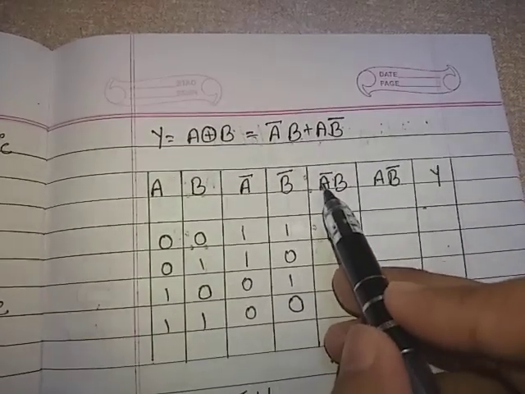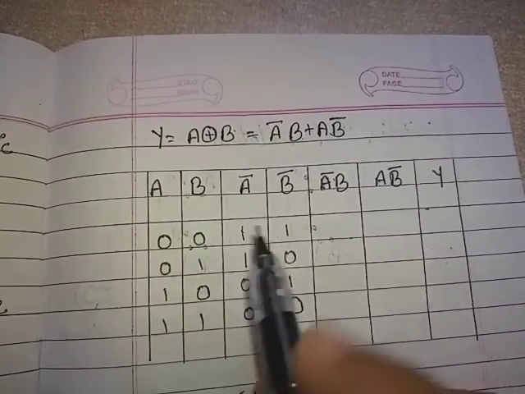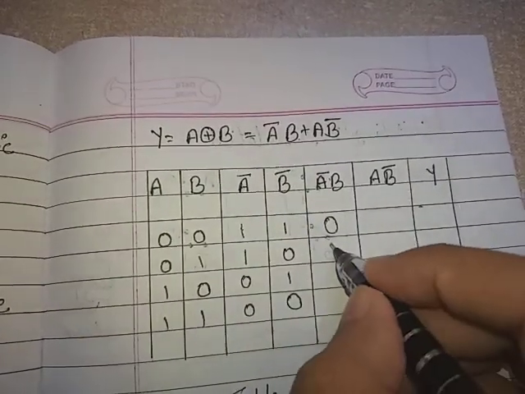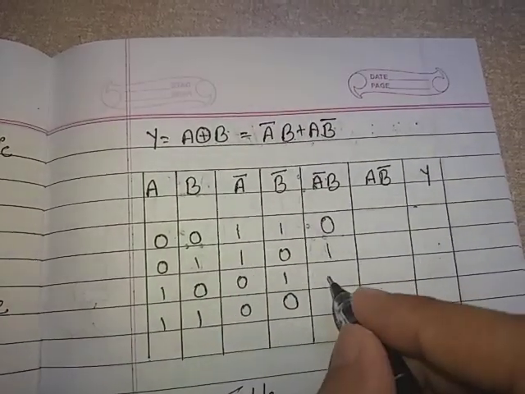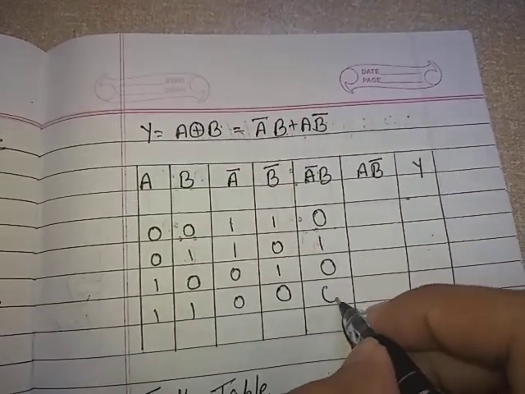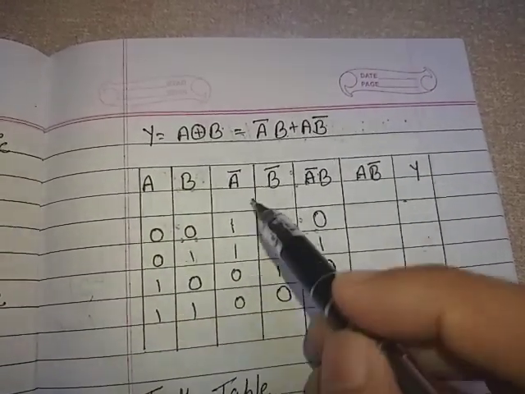Now we require A bar B. Here is A bar and here is B. So 1 dot 0 is 0, 1 dot 1 is 1, 0 dot 0 is 0 and 0 dot 1 is 0. Then we require A B bar. Here is A, here is B bar.